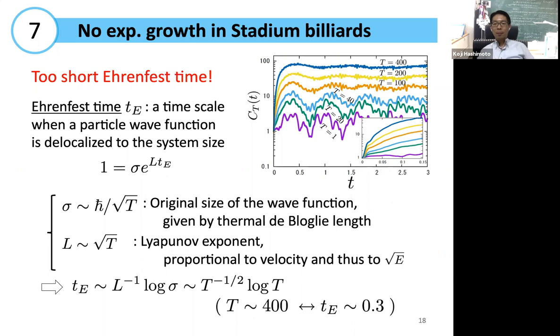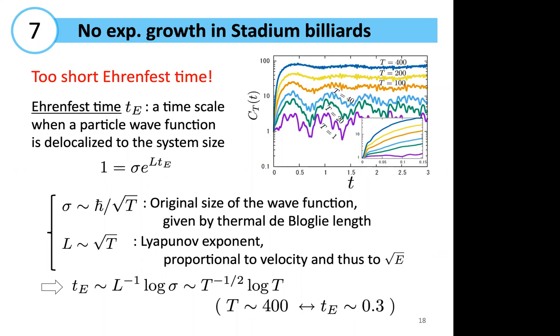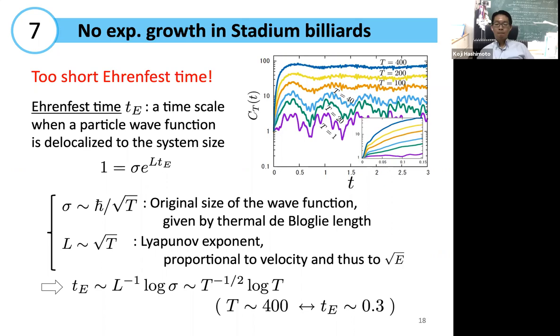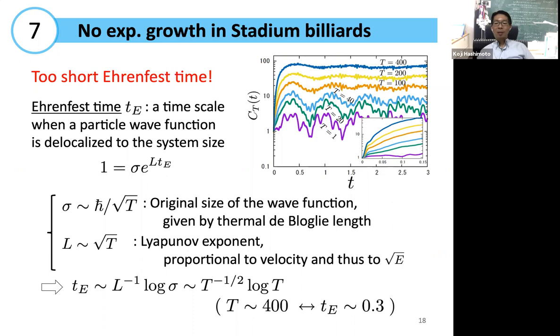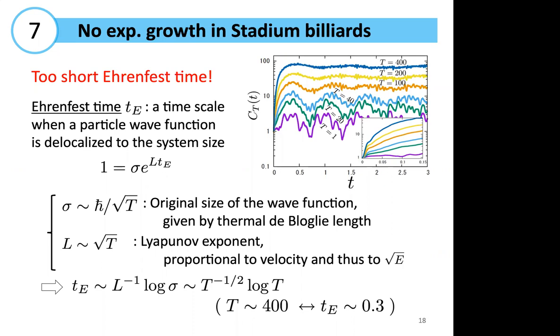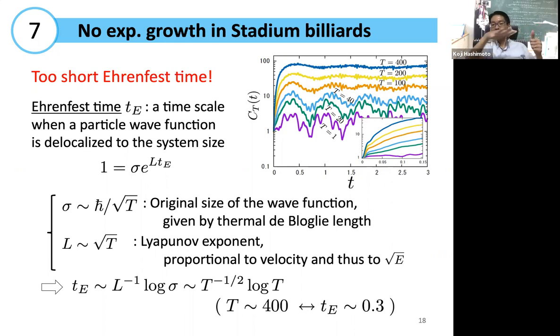Koji, let me ask you a related question. Your definition on this slide of the Ehrenfest time is the time scale at which the particle wave function is delocalized over the whole system size. That's I think the real question. Scrambling is usually defined with many body systems. Suppose you have a large N system, and then you excite one particle, then it propagates to the whole system, right?